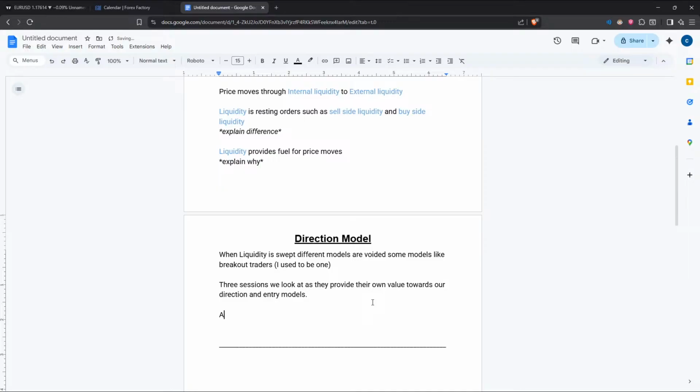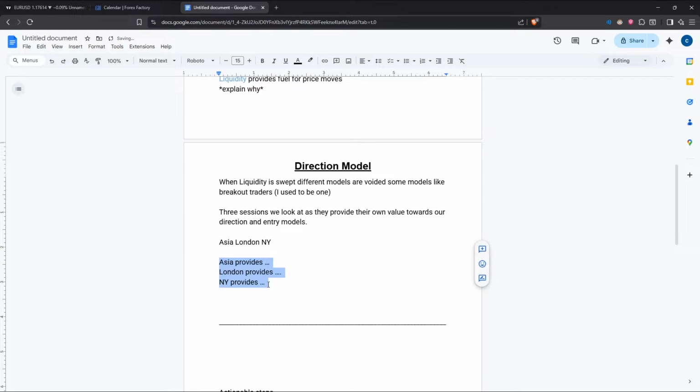Asia, London, New York. Asia provides... London provides... New York provides... So these 3 things are what they're going to provide. I'll tell you what they each provide later.